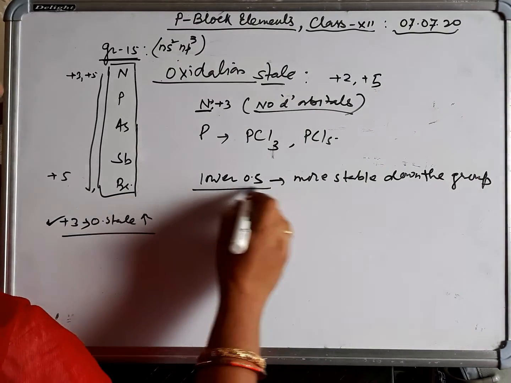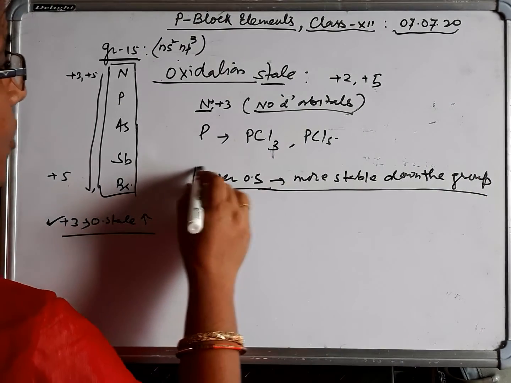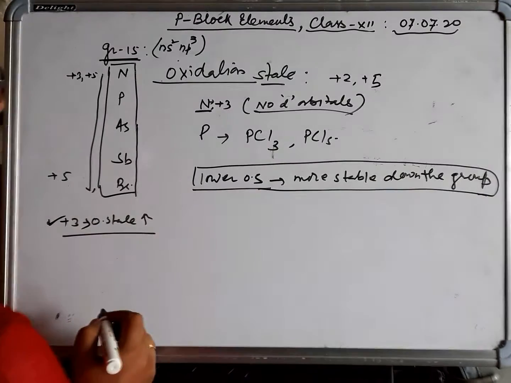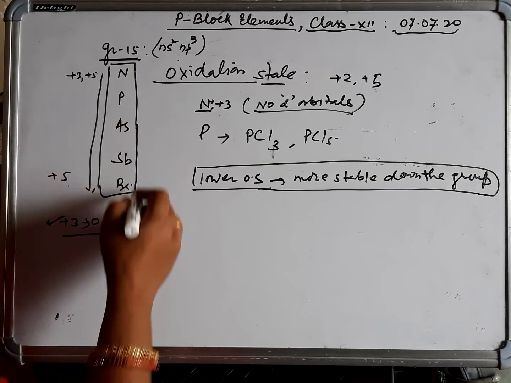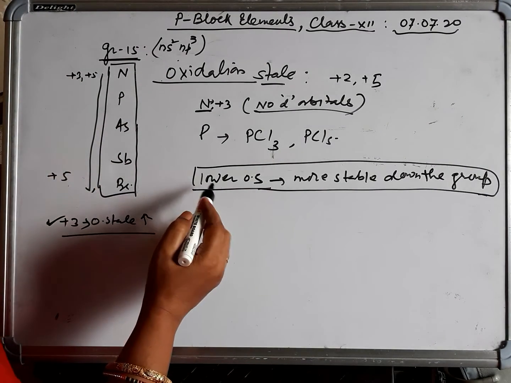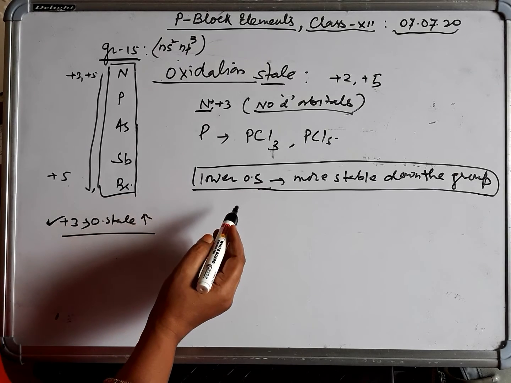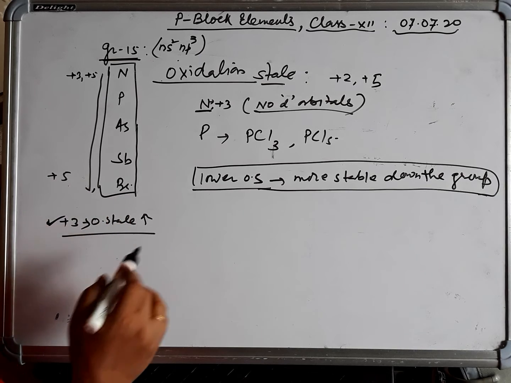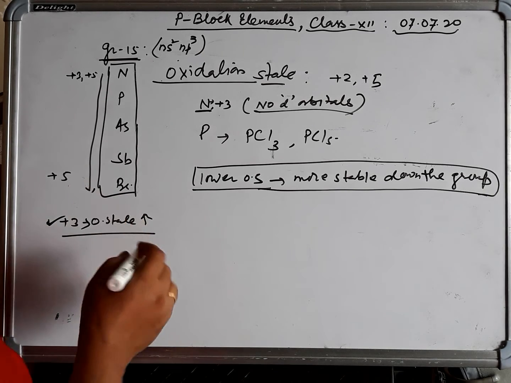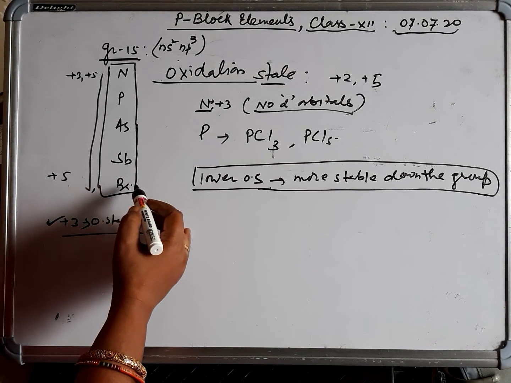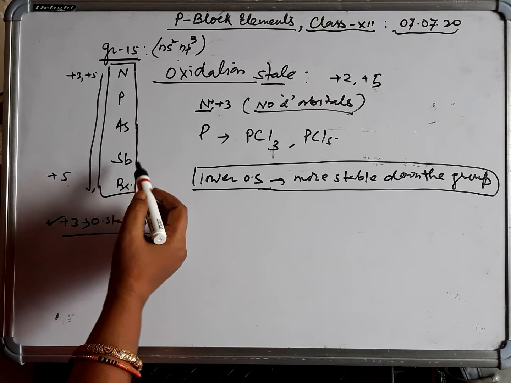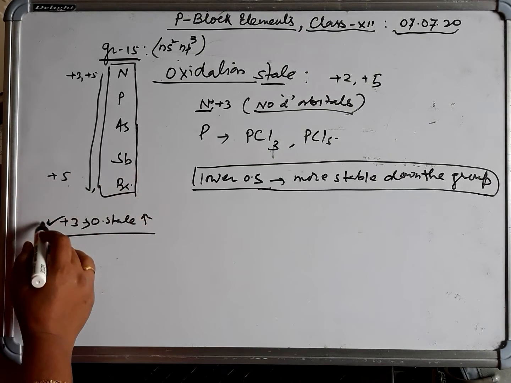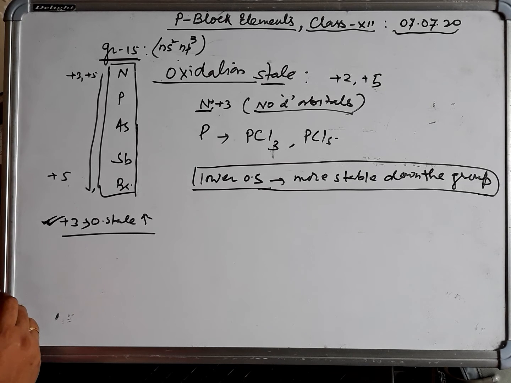Simply learn and remember it, due to the poor shielding effect. When we move top to bottom in a group, the lower oxidation state becomes more stable instead of the higher oxidation state. So what is the reason behind it? Due to the inert pair effect, bismuth and antimony are stable only in the +3 oxidation state.